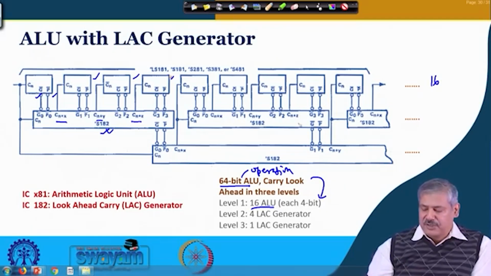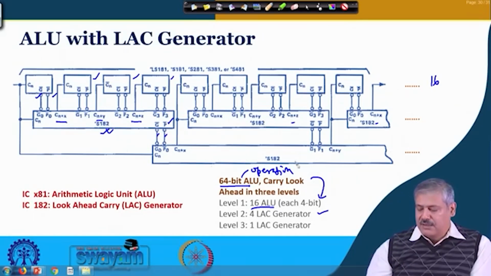Similarly, 4 such look ahead carry generators will be there, okay. They are again generating the group carry generation and propagation terms, because the circuit is similar, right, and then this will be fed to the next level of IC 74182, which can take 4 inputs, okay, and then you can get the final carry out of it.